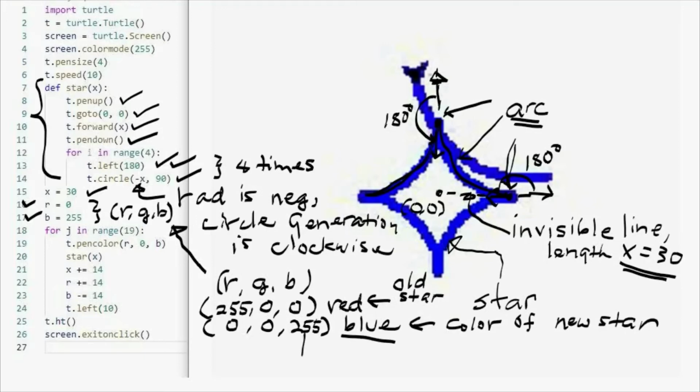So look at this. This is B, 255, and R is 0. What we are doing while drawing this evolving star is making the value of R go up and the value of B go down. I'm referring to commands 22 and 23. So what will happen is we will have the star colored red at the end.